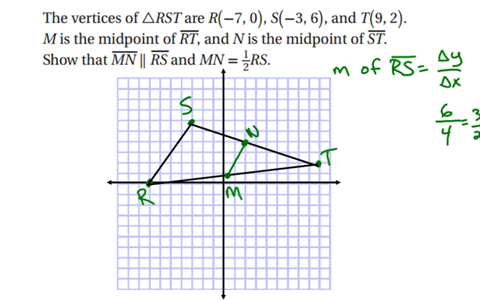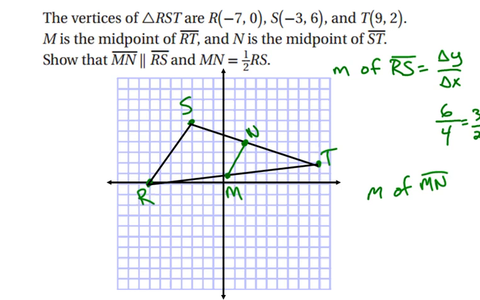So then you want to check the slope of MN. Well, it's a problem because we don't know the coordinate of M and the coordinate of N, so use the midpoint formula for R and T and work that out as well.